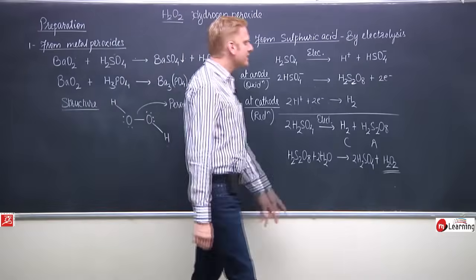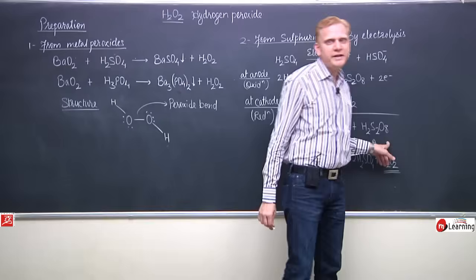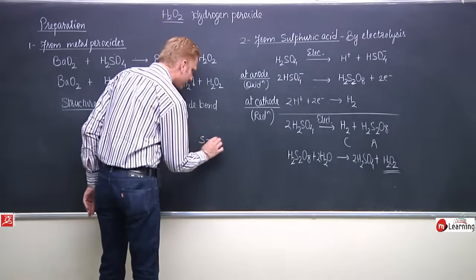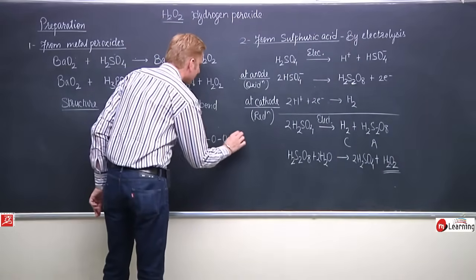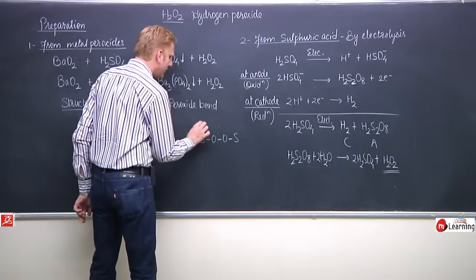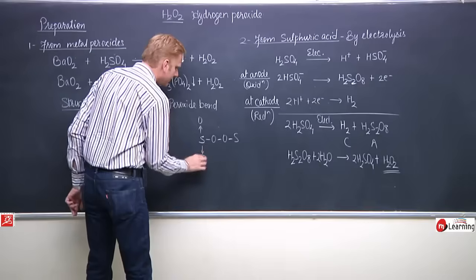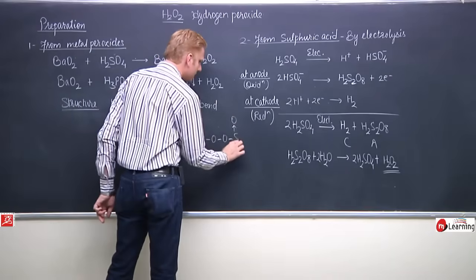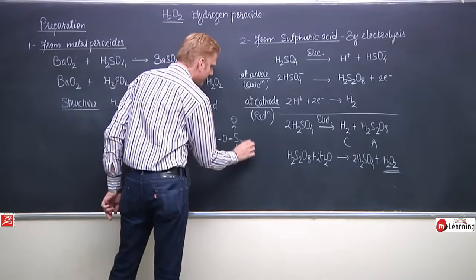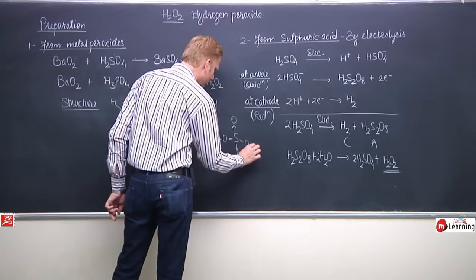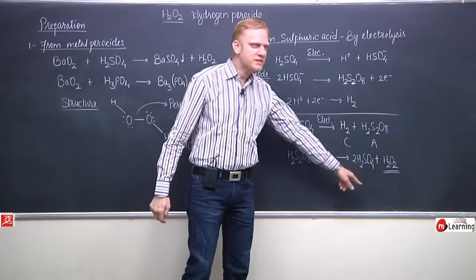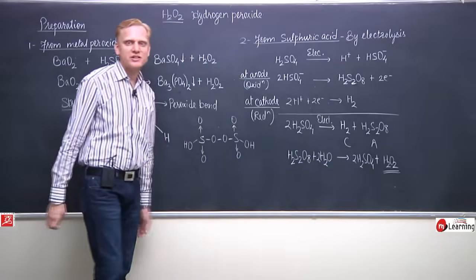Here also you can see the compound H2S2O8. This H2S2O8 compound has one oxygen-oxygen bond in the structure. This is the structure of Marshall's acid. So due to this peroxide bond only, it resulted in the formation of hydrogen peroxide in the hydrolysis reaction.